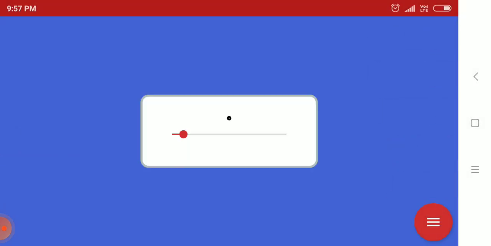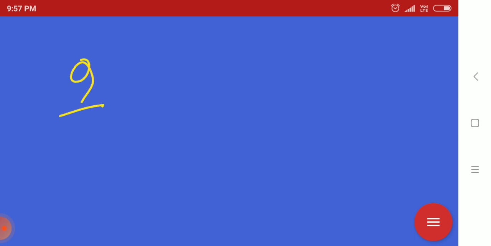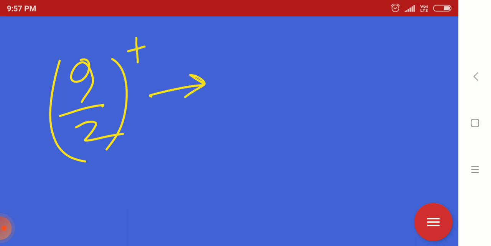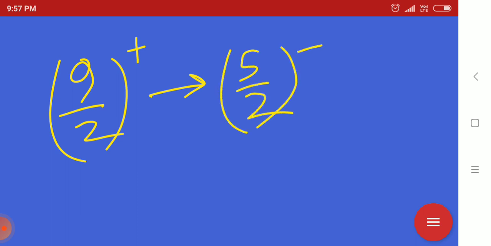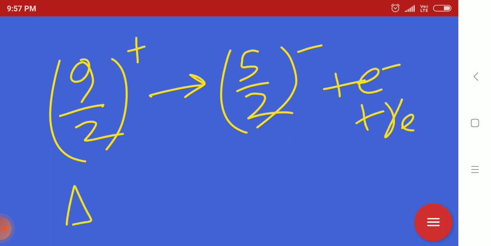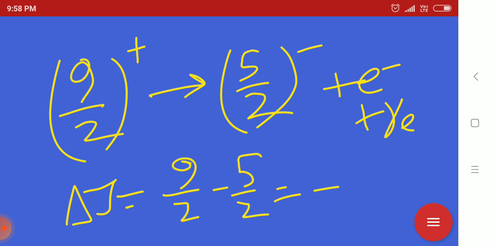Suppose you have a nucleus whose J value is 9/2 and parity is plus. You have another nucleus whose J value is 5/2 and parity is minus. An electron is emitted and a neutrino is emitted. So delta J is 9/2 minus 5/2, that is 2.